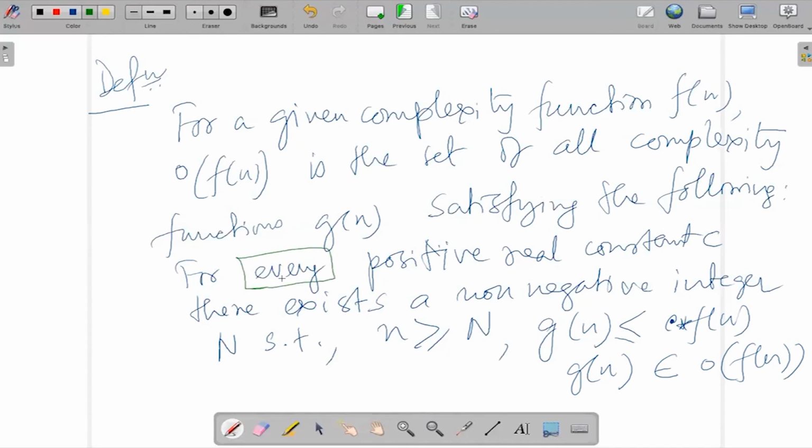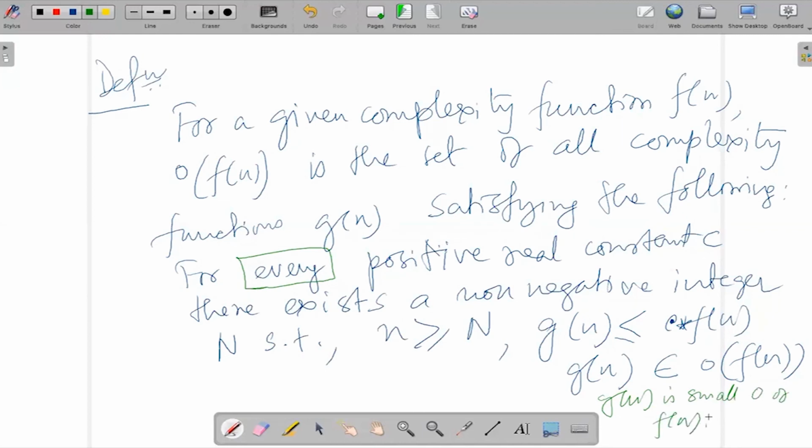This has to hold for every positive real constant. For big O, we have to find one positive real constant. For small o, we need to find such a capital N, for which any positive real constant C we consider, Gn is going to be less than or equal to Cfn.